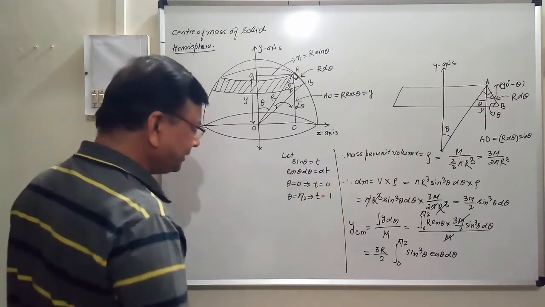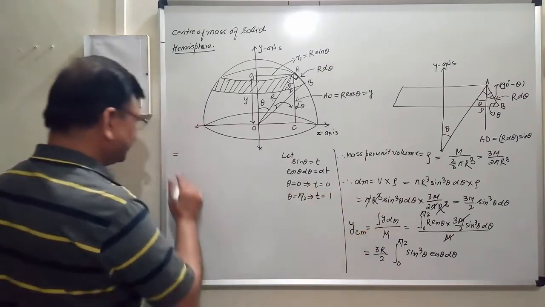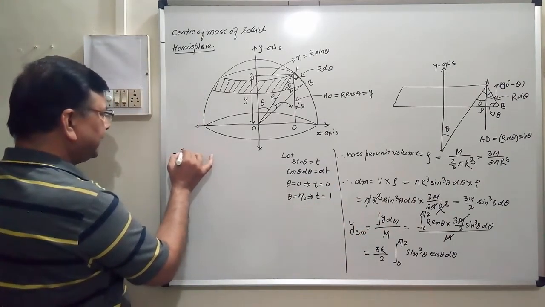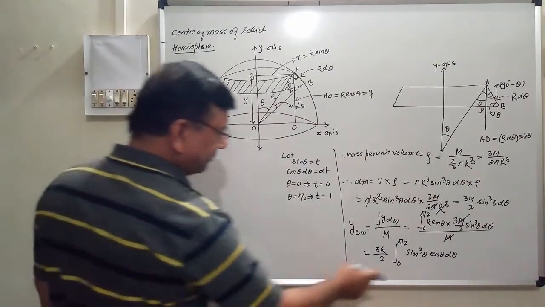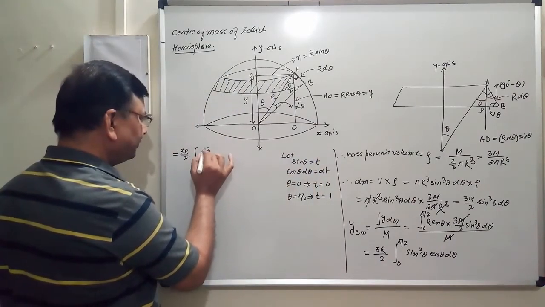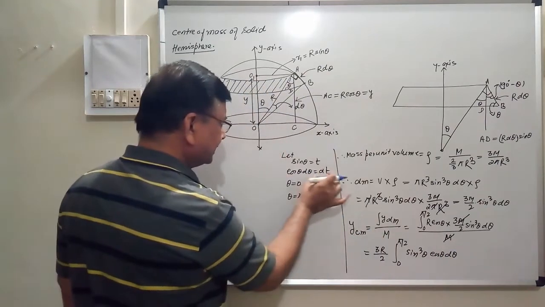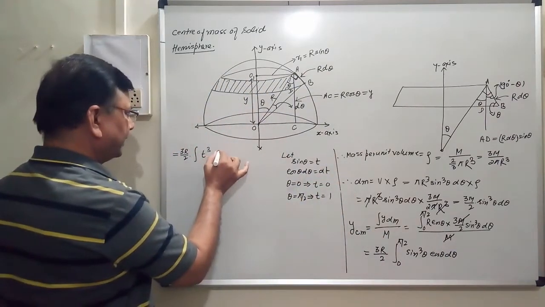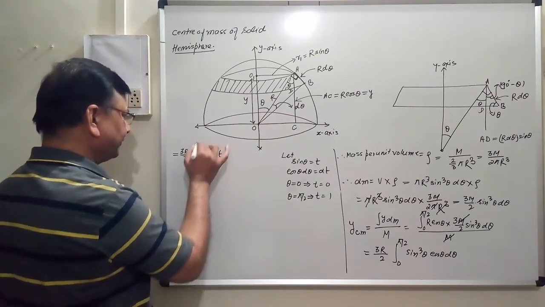So limit will change, and accordingly integrand will also change. So we will write 3r by 2 integration of, in place of sin theta we will write t, that is t cube, and cos theta d theta together, it is dt. A limit for t is from 0 to 1.